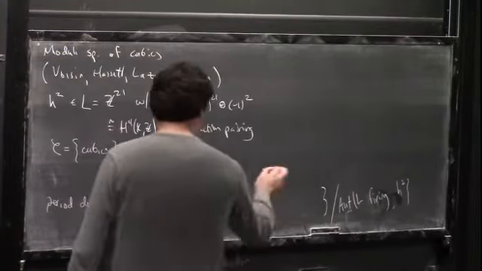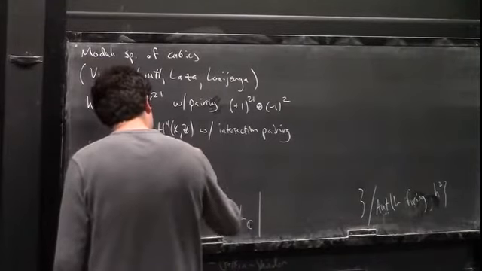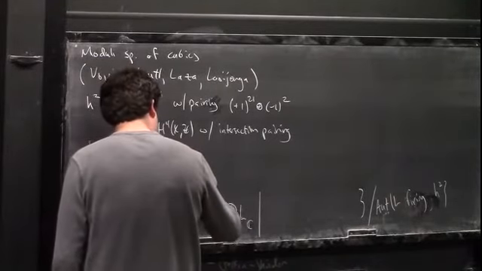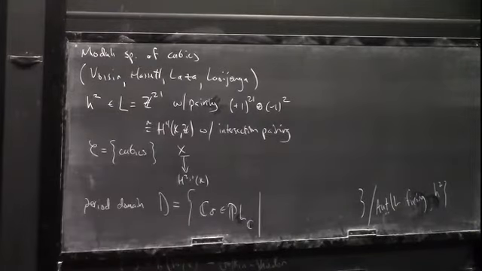And so what's the map going to be before I tell you the conditions? X is going to be sent to the line H^{3,1}(X) inside of H^4(X, C).